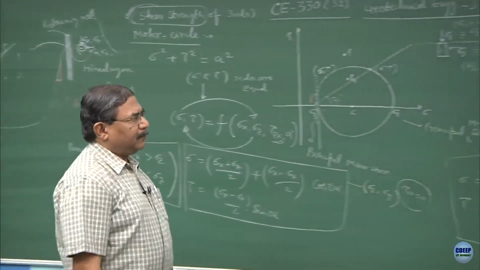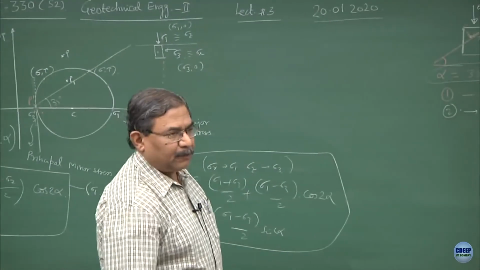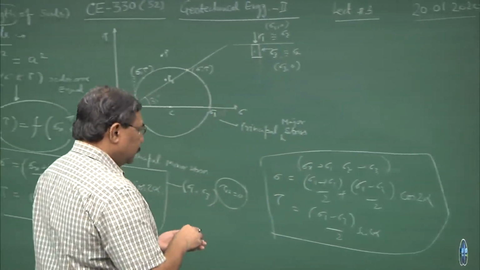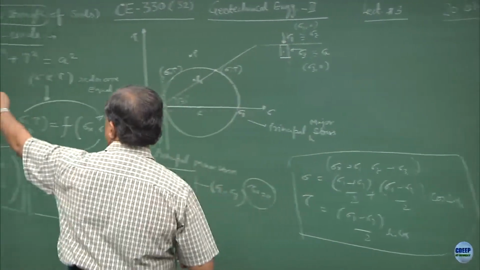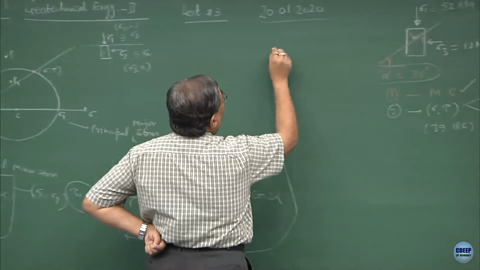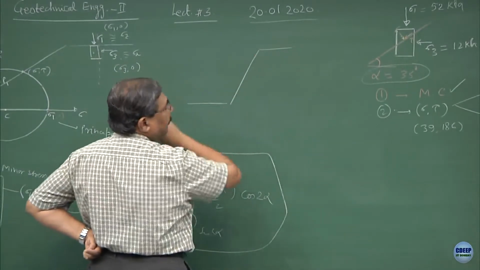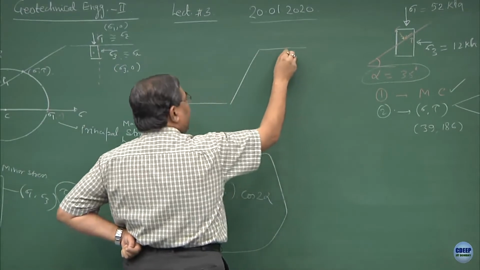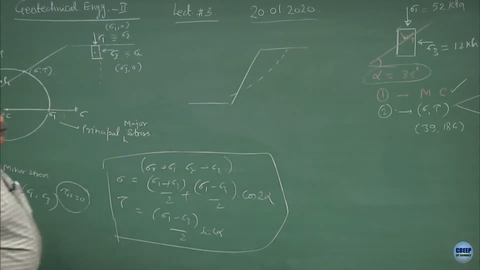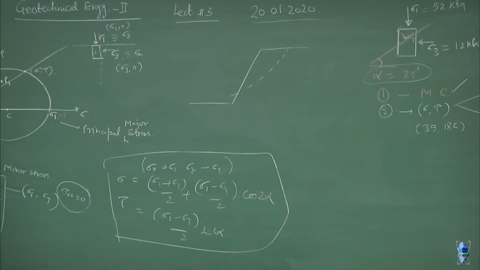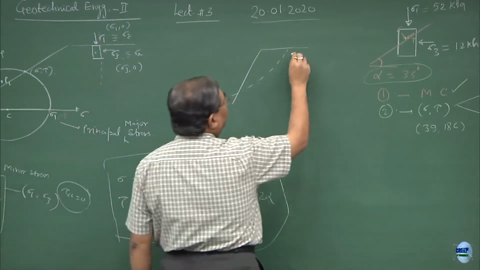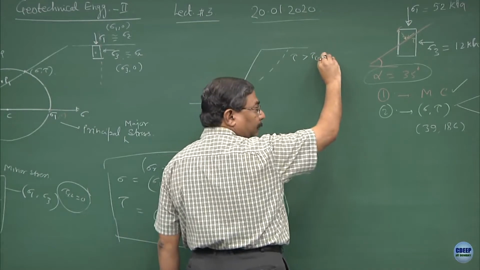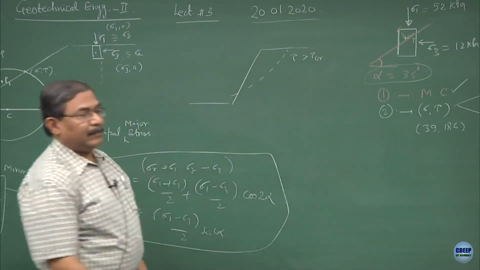Now, most of the time in geomechanics the problems are not going to be so simple. What is going to happen? Like in this case, if I consider this as the embankment, a railway embankment, and this happens to be the critical plane. You remember the definition of critical plane? At this plane tau is becoming higher than tau critical.